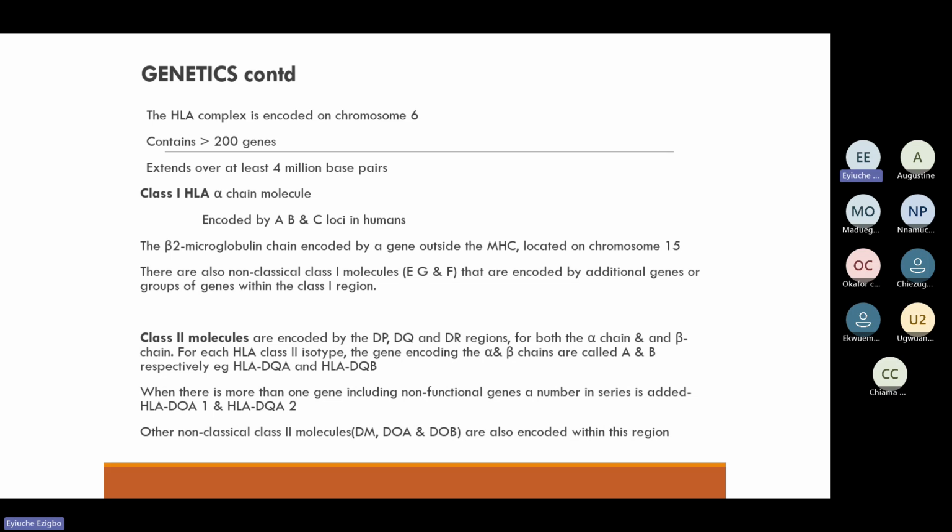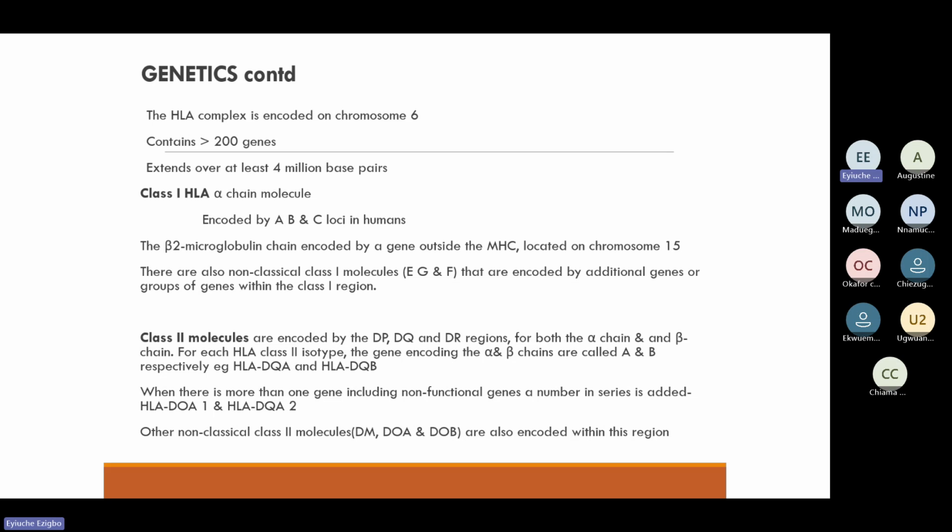The HLA class 1 alpha chain molecules are encoded by the A, B, and C loci in humans. The beta-2 microglobulin chain is encoded by a gene outside the MHC, located on chromosome 15. There are also non-classical class 1 molecules, E, G, and F, that are encoded by additional genes or groups of genes within the class 1 region.